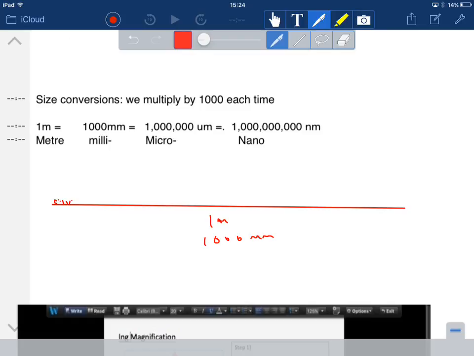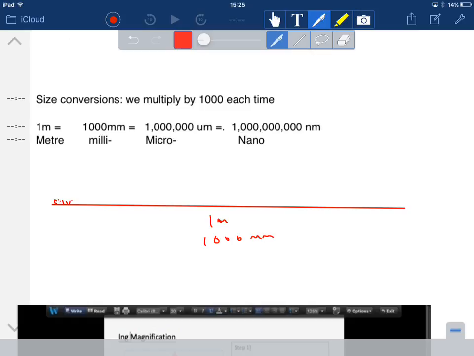But when we're looking at biological things, we go much smaller, and so we need to be able to measure them. And it would be crazy to measure something that was smaller than your eye could see in meters, because you'd end up with 0.0000001. And so we have other units which help us here.